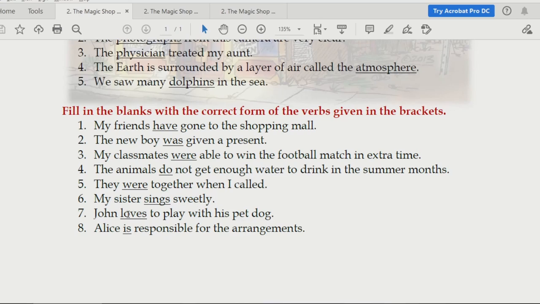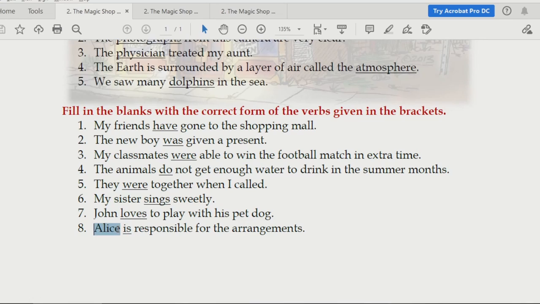Next one. John loves to play with his pet dog. Why loves? Why is it singular? Because there is only one person over here. Next one. Alice is responsible for the arrangements. Why the word is? It is in the singular form. Why do we use is?